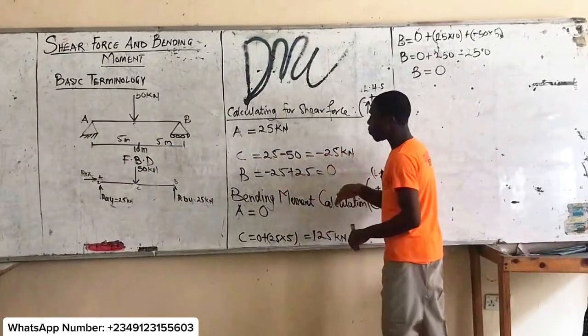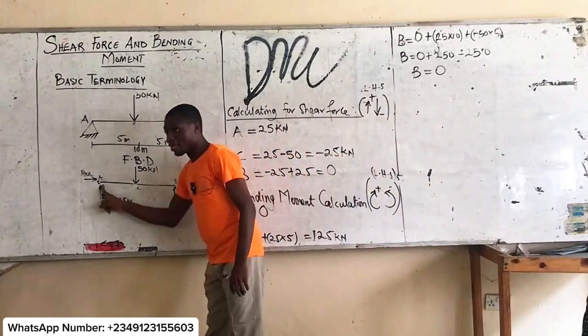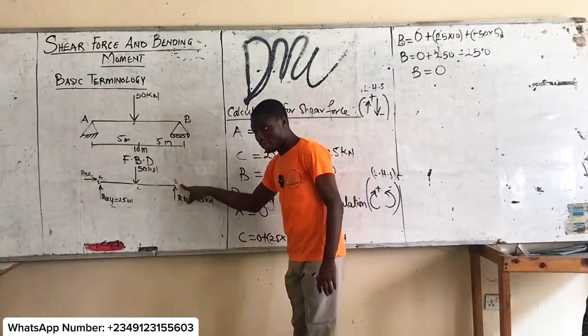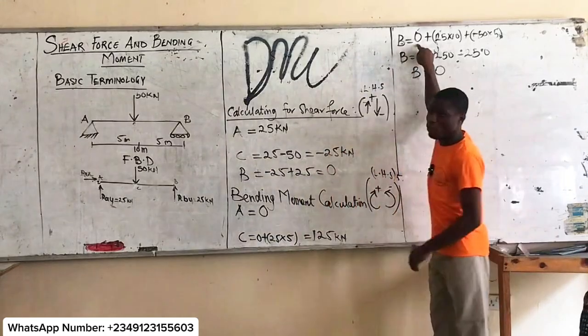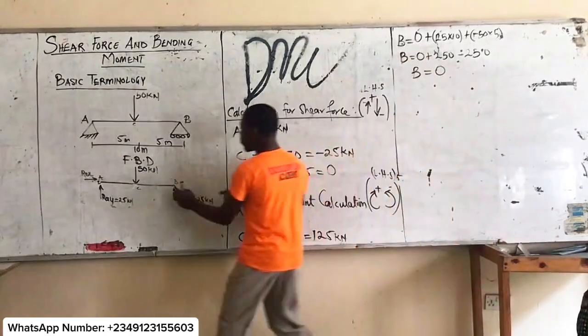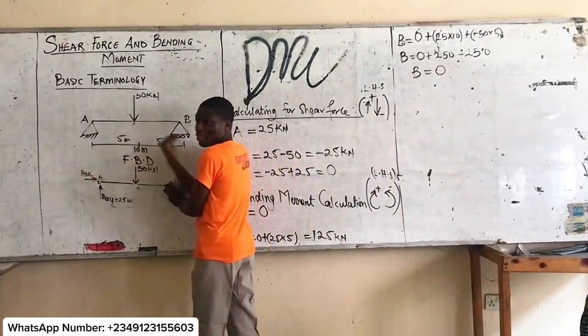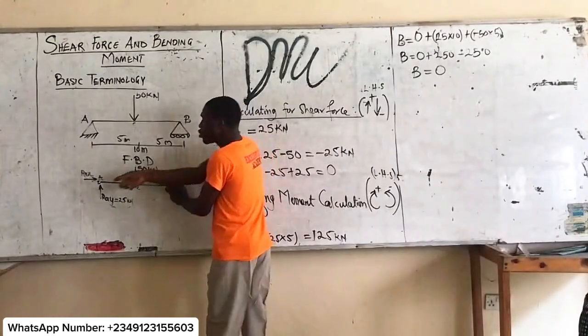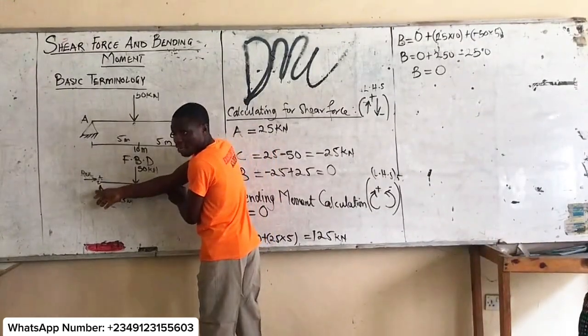Now, look up. My first force is at A, second is C, then B. Now, consider my B. B is 0, true or false? True. But if I come from B, I'm moving to the left hand side. I'm looking at this one and this one coming here.